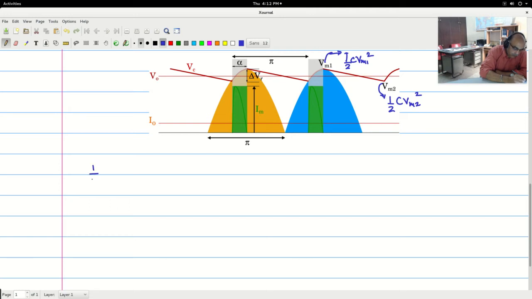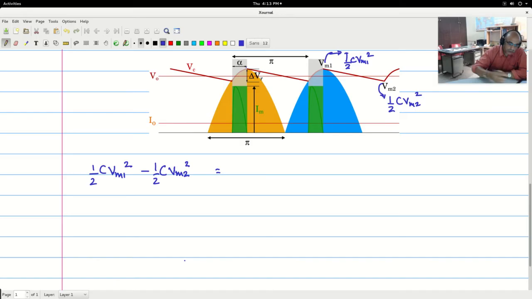So half C Vm1 square minus half C Vm2 square goes to the load, and it is actually not for the full pi period, it is for a period of time pi minus alpha. So for a period of time pi minus alpha, the capacitor only discharges to the load.